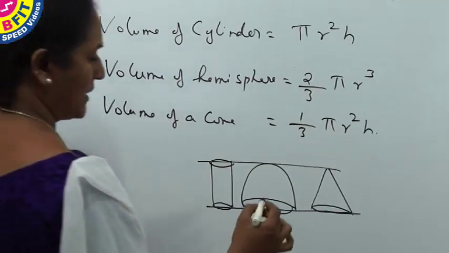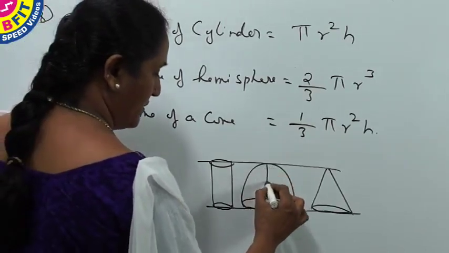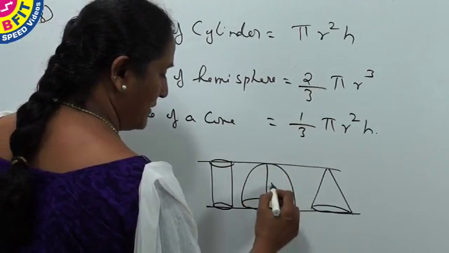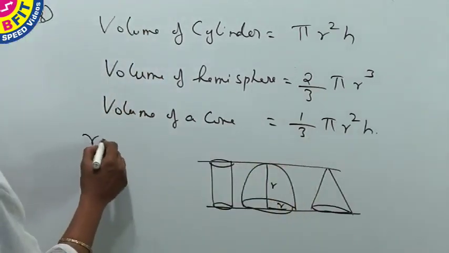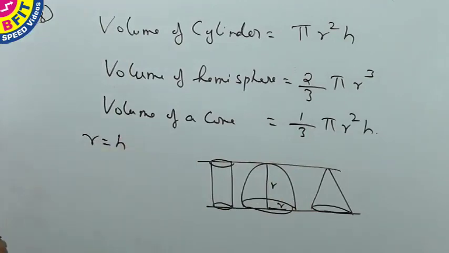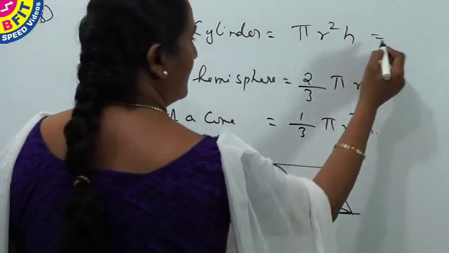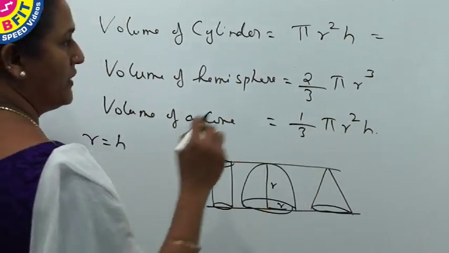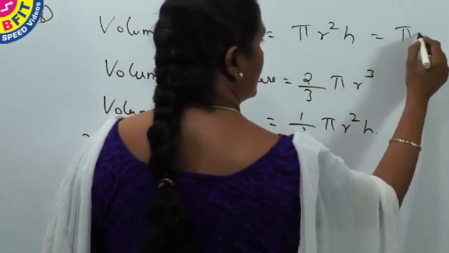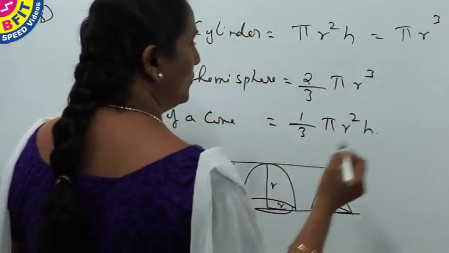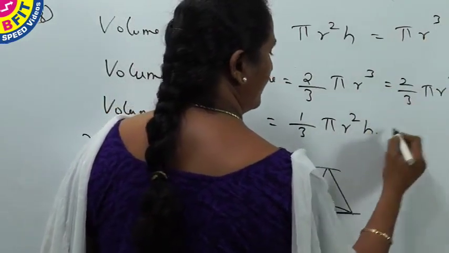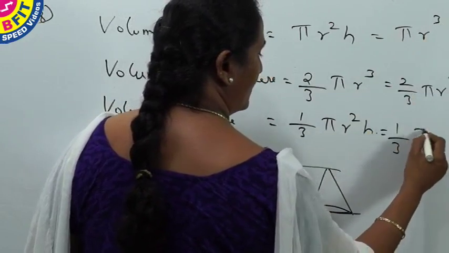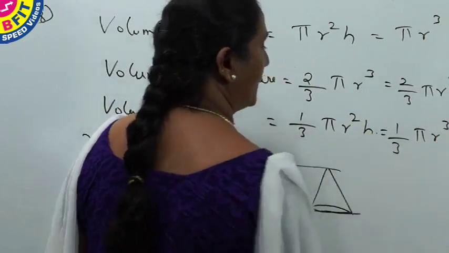Here, as height of the hemisphere is also equal to the radius, for all these figures the radius is equal to their heights. So now substituting r for h, we have cylinder volume as pi r cube, hemisphere volume as 2 by 3 pi r cube, and cone volume as 1 by 3 pi r cube.